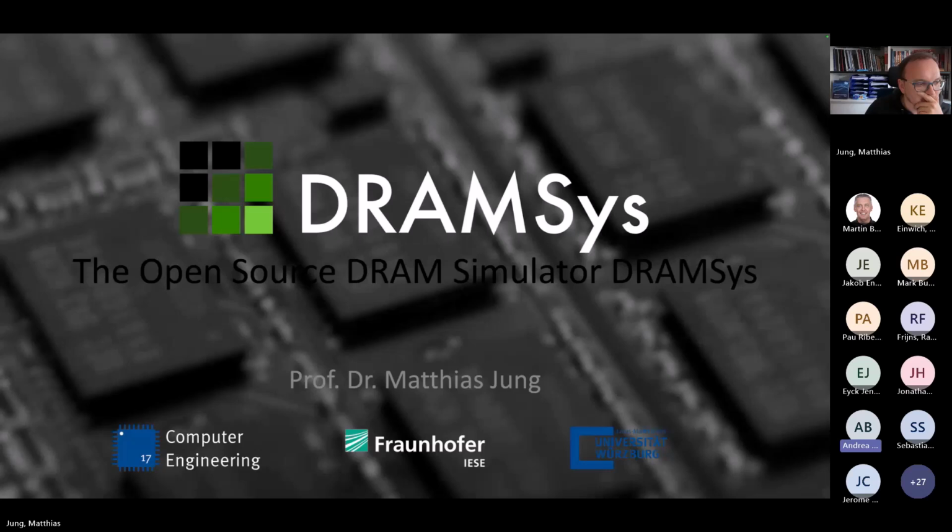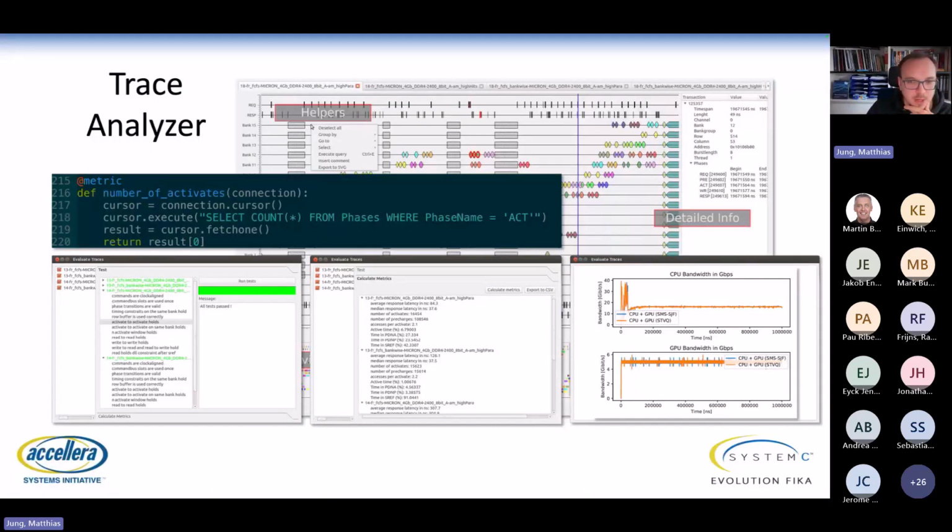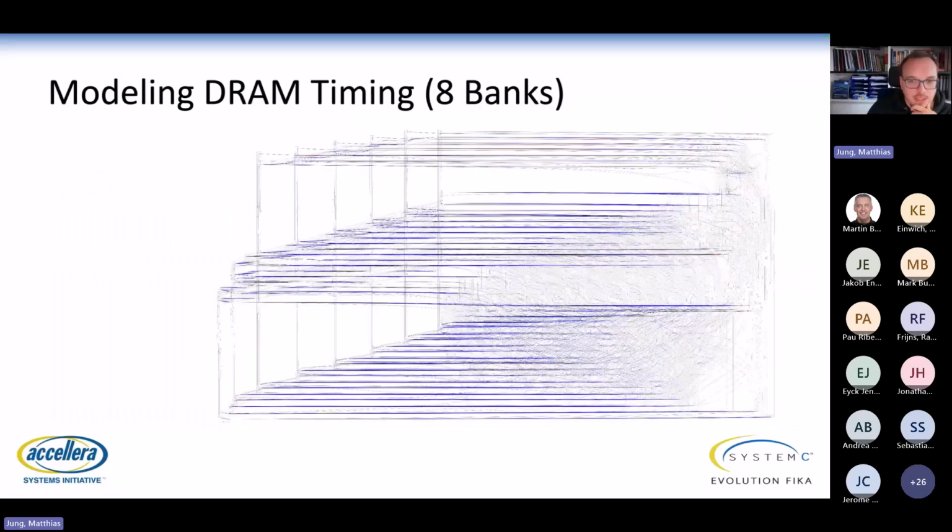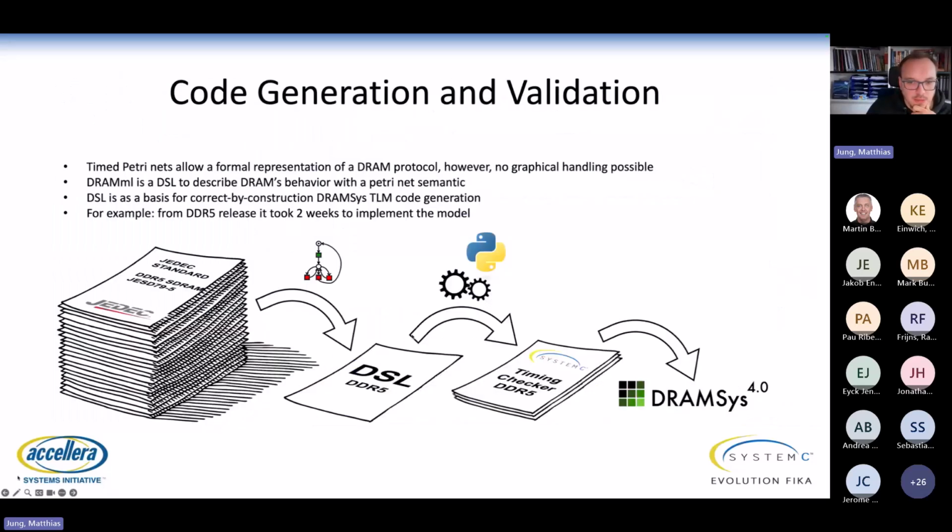Matthias, how do you check the cycle accuracy of your model? Basically we don't have to check it afterwards, because we make sure that it's correct by construction. That's the most important thing. As long as we do not make an error in this path, the code that comes out is correct.